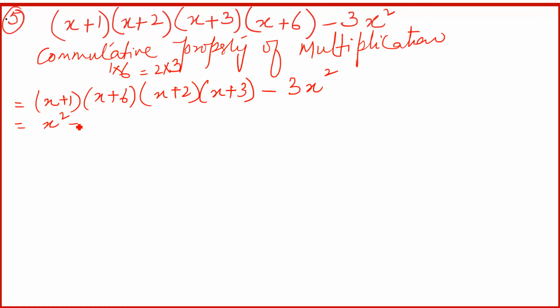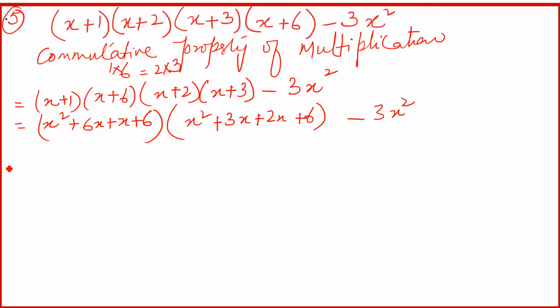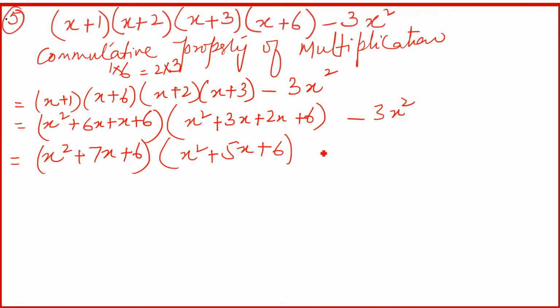So it is x² + 6x + x + 6 for the first two parentheses. Then you have to multiply the second two, which is equal to, to make it easy, x² + 3x + 2x + 6, that is x² + 5x + 6. I am doing it quickly because now you should know how to do the factorization. So this is present, x² + ... what is wrong?